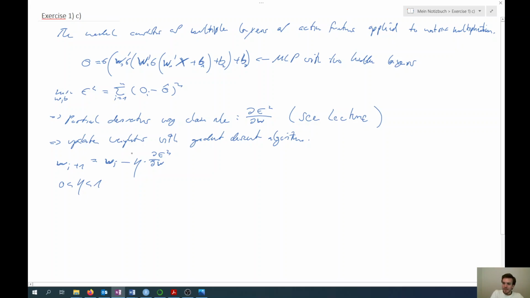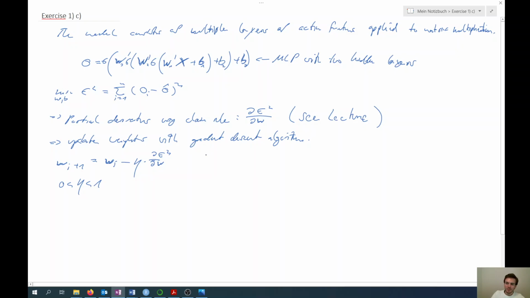And we do this by subtracting from the weight. Let's say the weight is 10 and the partial derivative is 1. If the learning rate is 0.5, then we would only subtract 0.5, so the weight will be smaller, and by adjusting all the weights this way, this would lead us to a better classification.